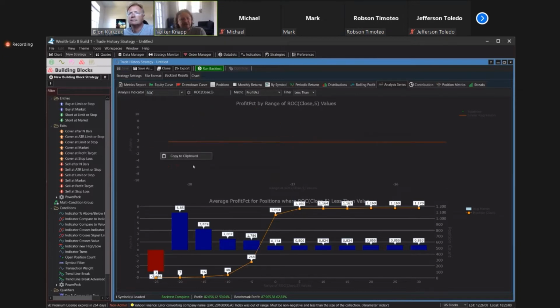Those 2 trades were lower than -25, and they make -3.6% or whatever that is. So if you said, if the rate of change is below -25, you only get those trades, and you would skip these 2 trades.